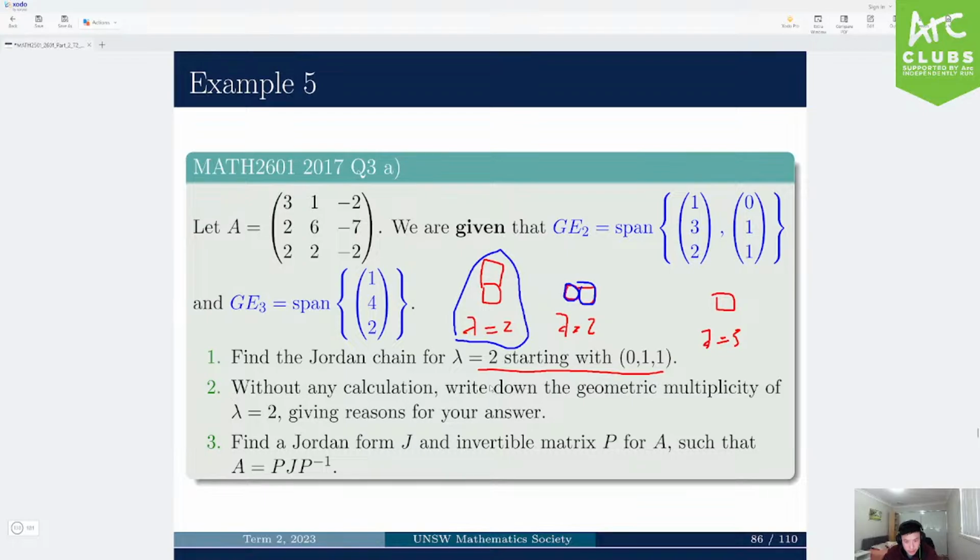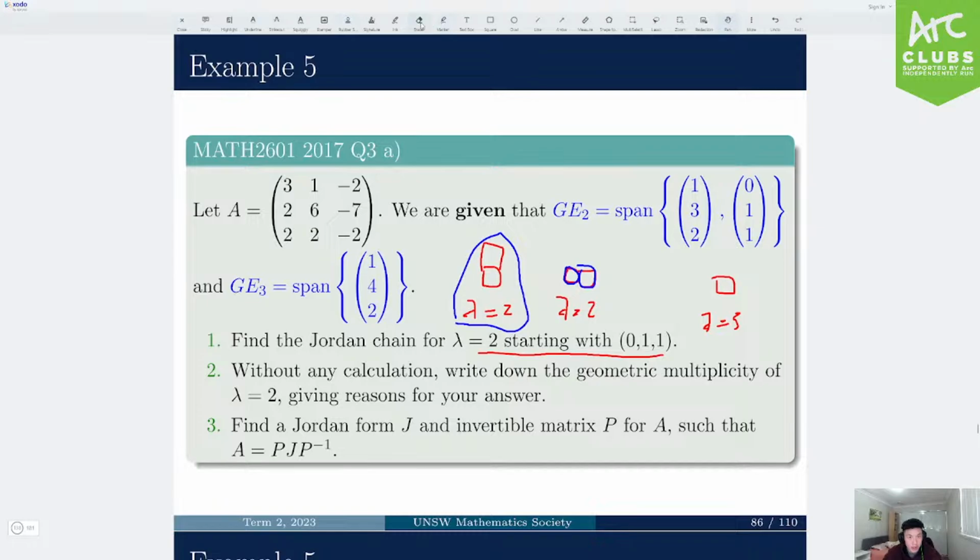Without any calculations, write down the geometric multiplicity of lambda is 2. Again, from our work in part 1, we figured out that the block diagram must look like this, and that's going to tell us the geometric multiplicity. If you're given a block diagram, the geometric multiplicity is just the number of blocks in the bottom row.